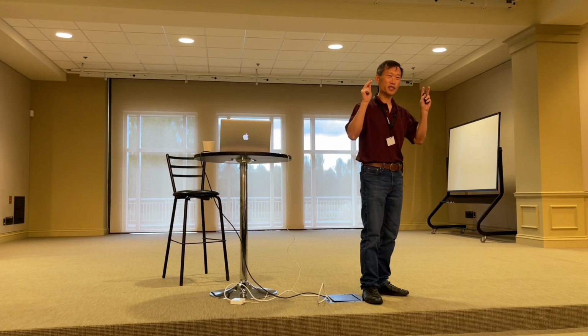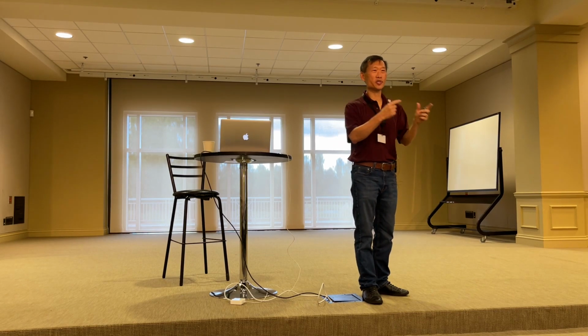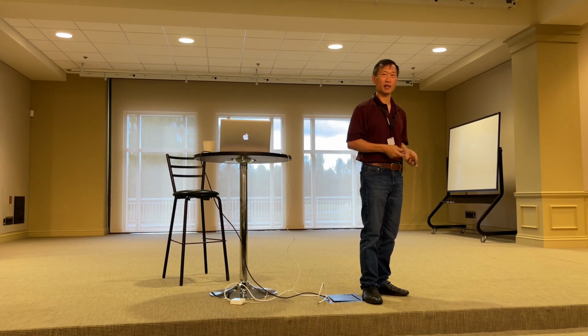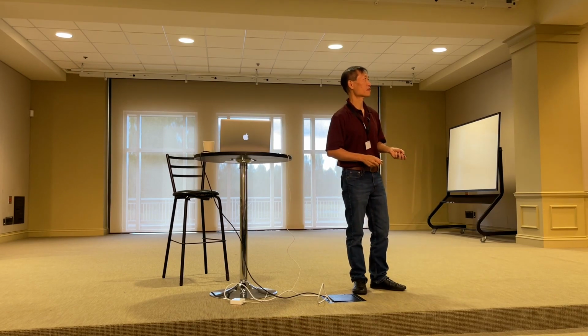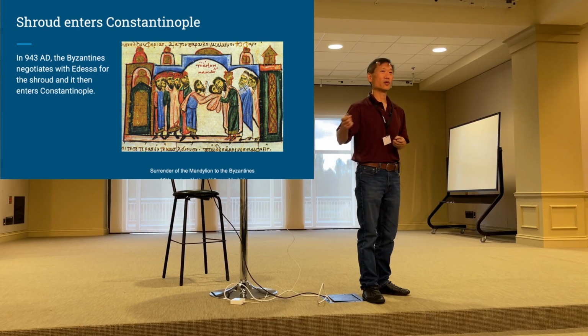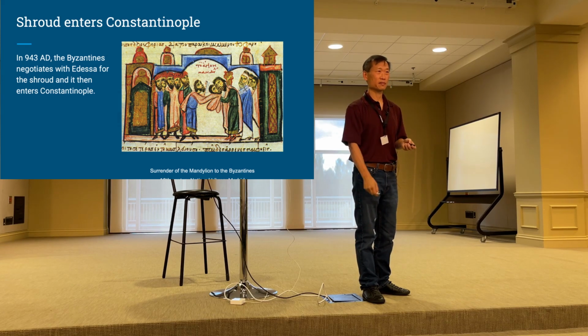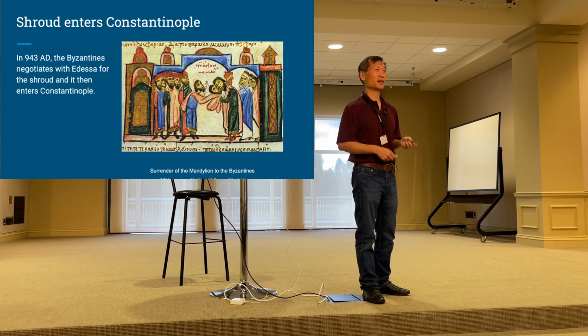And so coincidentally, this shroud was in pagan hands while the Christians were destroying all of their icons. I find that to be very interesting. In 943, the Byzantines negotiated with Edessa for the shroud, and they were able to reclaim it. And that happened to be after all of the iconoclasm.